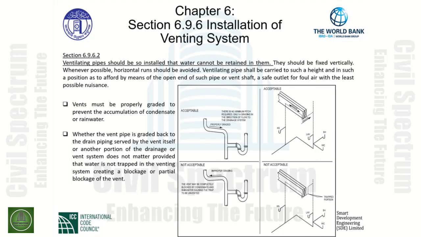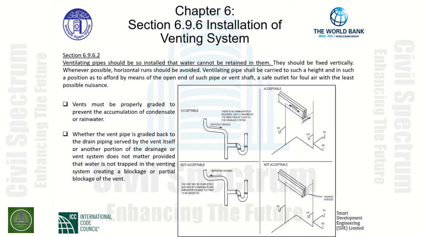According to the graphic seen on the right hand of this slide here, we have a fixture vent in the first block. This is an acceptable means of properly grading the vent pipe downward towards the direction of the drain. What's not acceptable is the block below on the lower left-hand side.